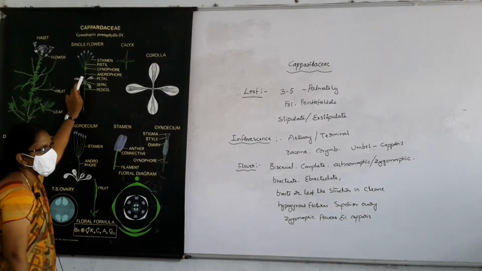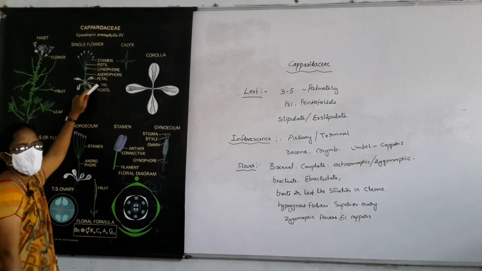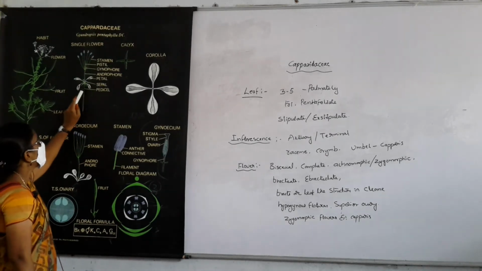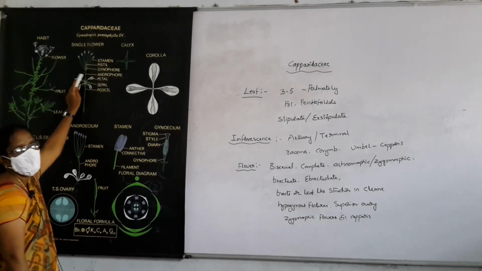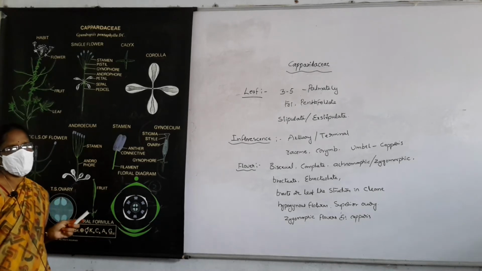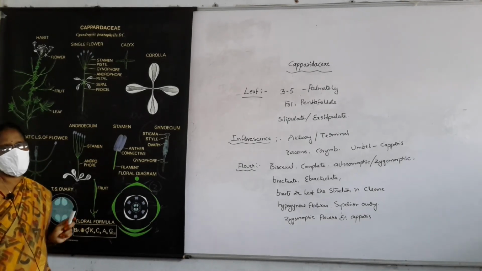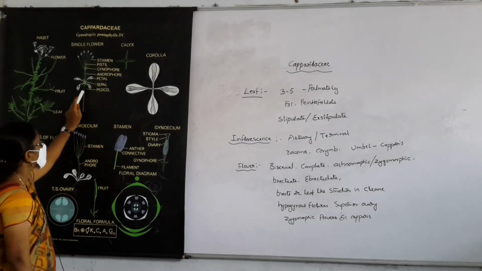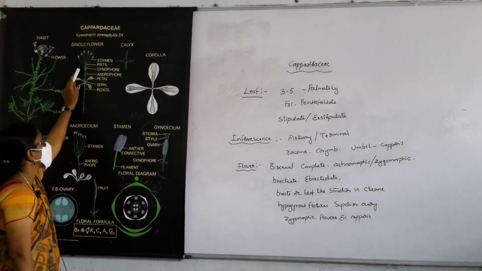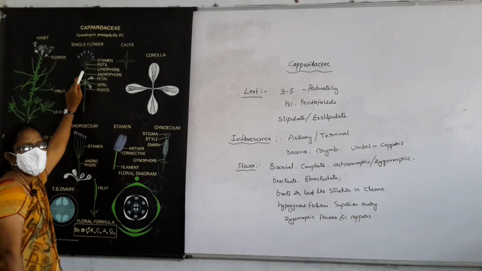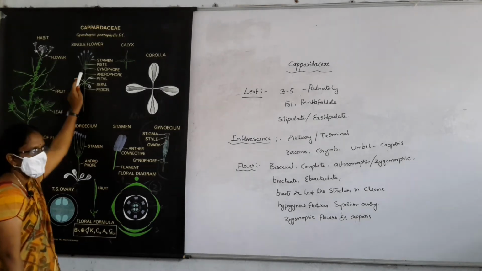Complete flower means the sepals, petals, stamens and ovary are all present in the flower. Green colored sepals, petals, stamens and ovary are present. This is a complete flower.